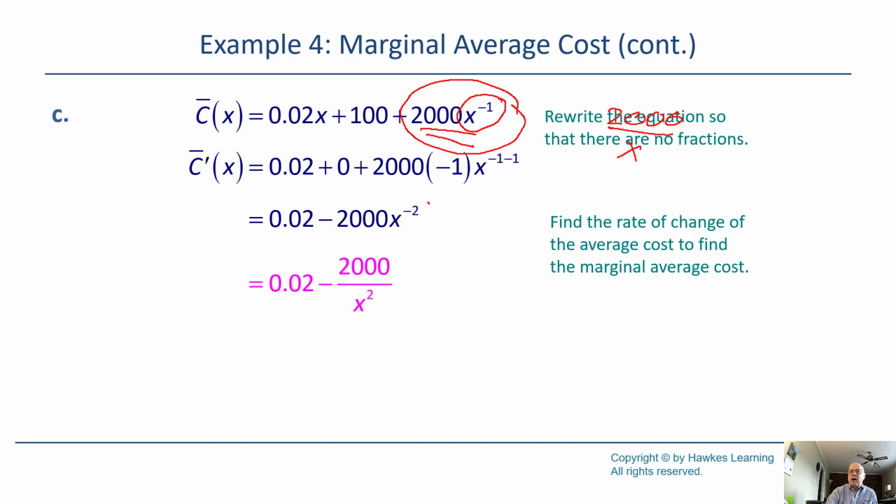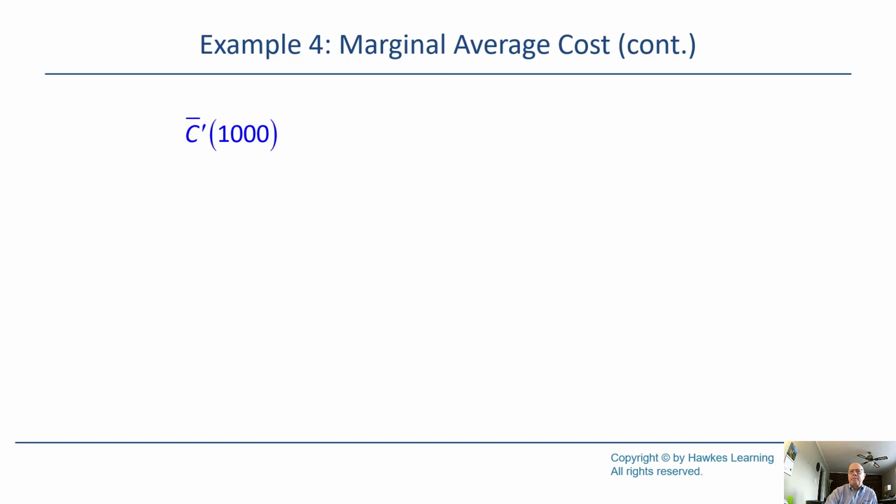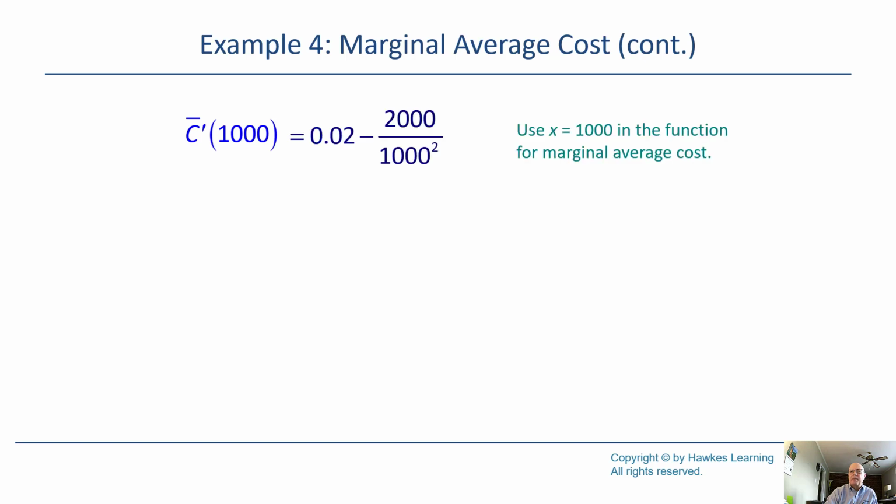Remember that x to the minus 2 means you bring the x squared in the denominator. So how is the average cost function changing on 1,000 items? Just put that 1,000 in your marginal average cost function, and it's 1.8 cents. Don't see cents too often anymore.